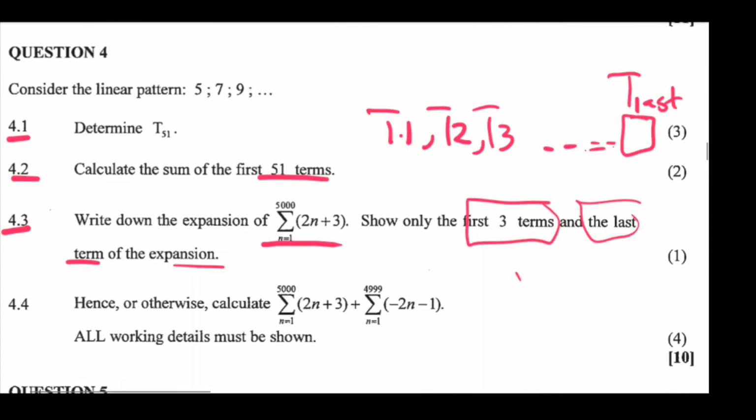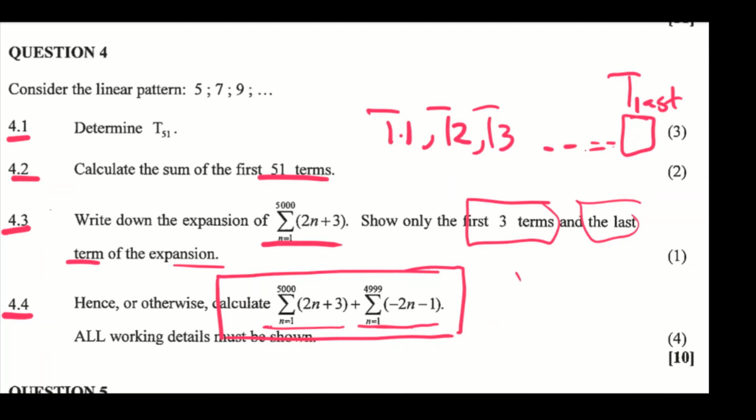So now 4.4 says that hence or otherwise calculate this value here. You need to calculate the sum of this and add it with the sum of this. We can simply do these sums individually.